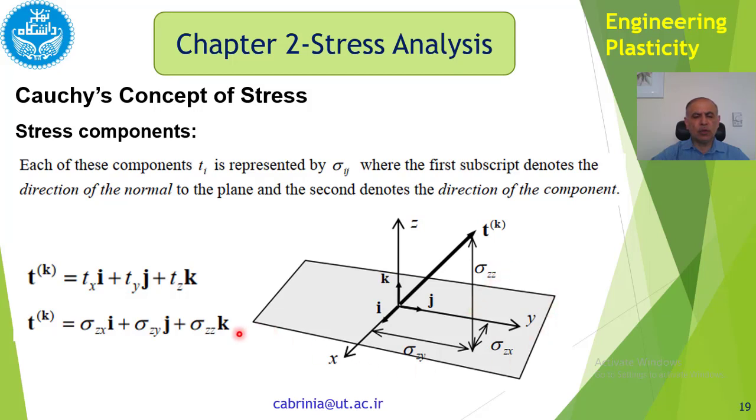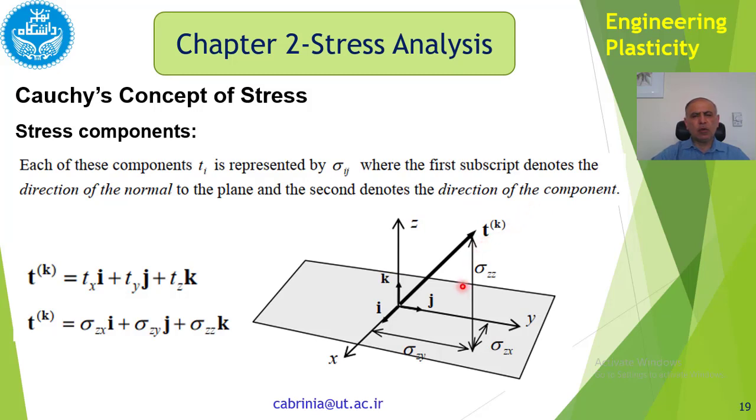Of course, in some books you will see exactly the opposite of this notation. Here we have said that the first subscript indicates the direction of the normal, but in some books you will see that the second subscript denotes the direction of the normal, and the first subscript denotes the direction of the component.